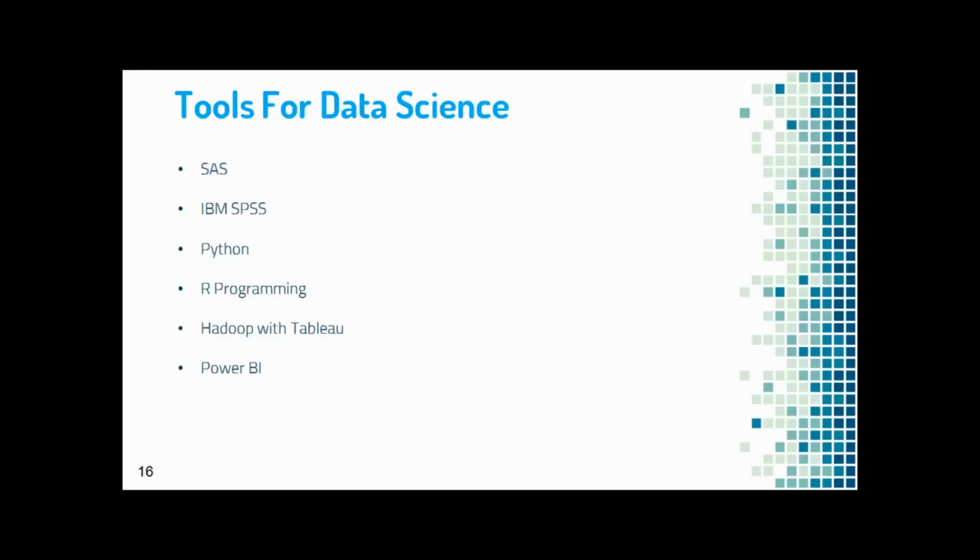Right. Now let's come to the tools that we use for either data science or analytics. I have written data science because we do the data analysis part itself, but there are many things in data science apart from analysis, that is collection of data, then cleaning, then visualization, all these things are there under this.